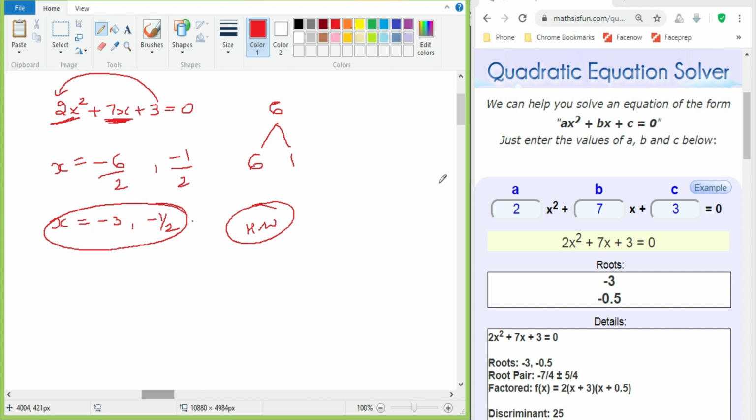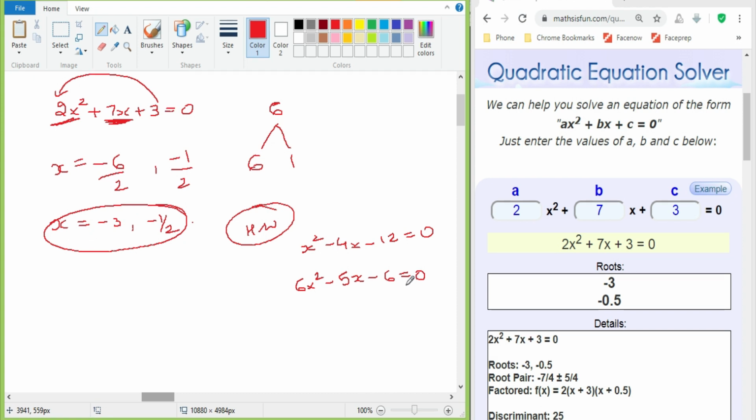So I'll take it as x square minus 4x minus 12 is equal to 0. Next, 6x square minus 5x minus 6 is equal to 0. Please comment your answer in the comment section.